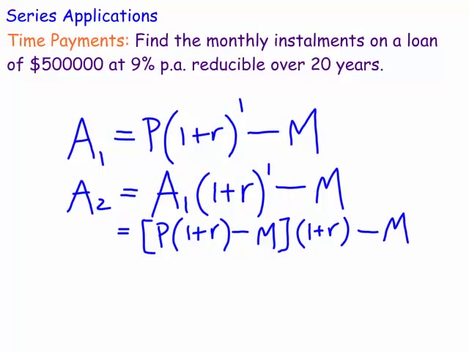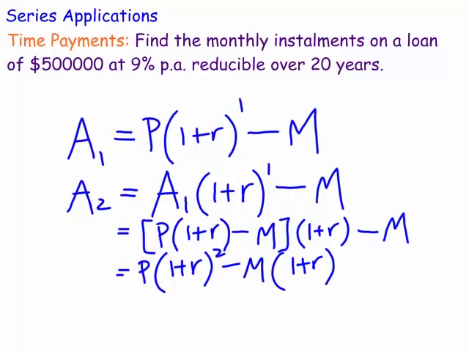Okay, what do I do now? Well, I just expand this out and I'll get, you can see here, my principal has been compounded for 1 plus R times 1 plus R, so (1 + R) squared, minus my monthly installment times (1 + R). So one of my monthly installments has some interest accumulated or attached to it, if you like.